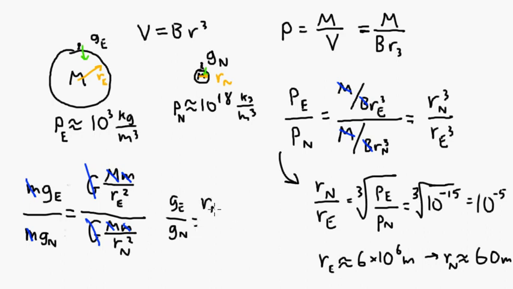And the way I'd really prefer to express this is g_n equals, so this is coming up here, so that must mean this goes over there, right? Re over Rn. And instead of squaring top and bottom, I'm just going to square the whole thing times g for the Earth.